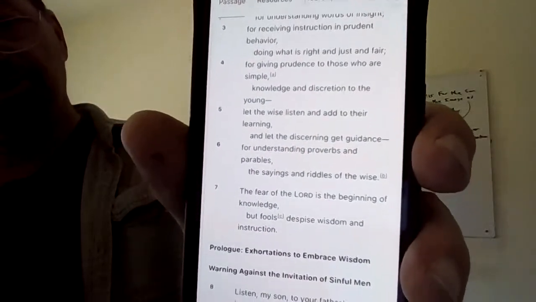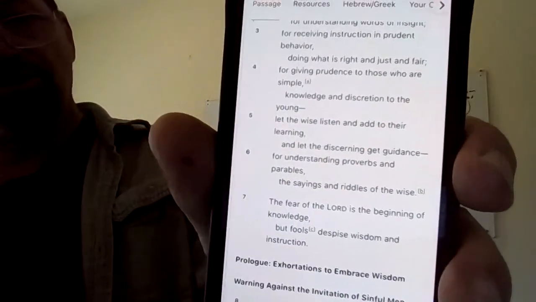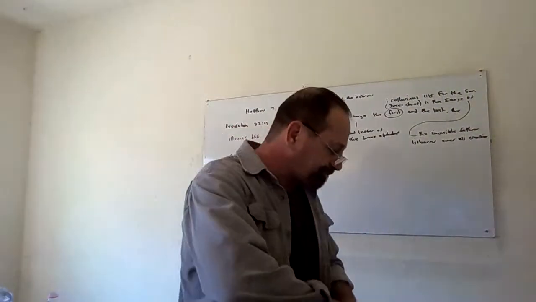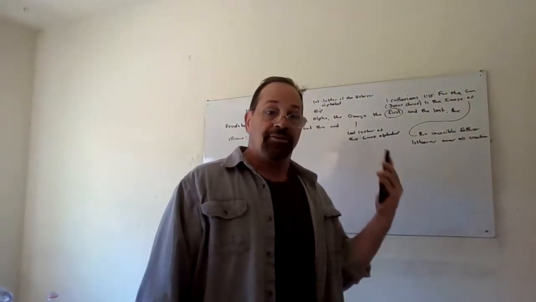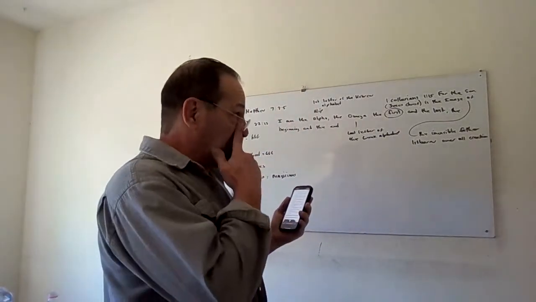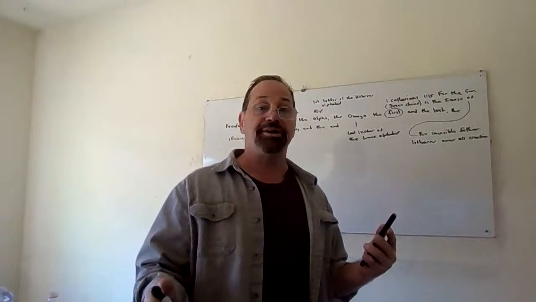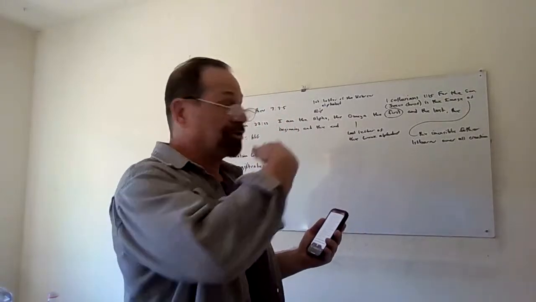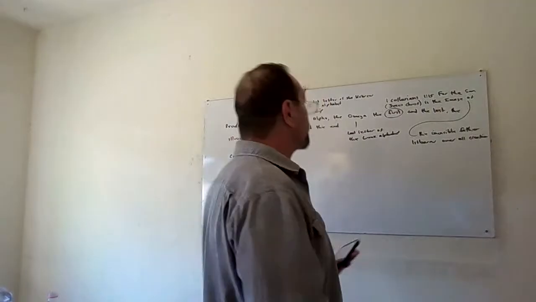Number 6 is where you see it. The riddles of the wise. So I tell people that this book here is a riddle. And discernment is needed. And discernment comes from source.